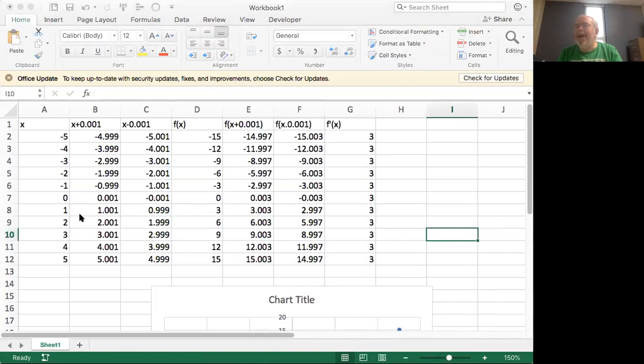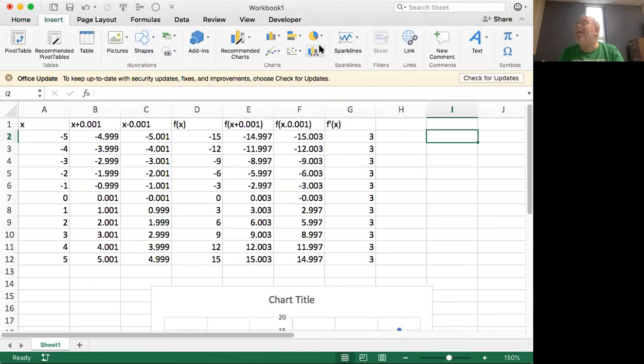I then said I'd like to do the same thing with f of x equals x squared plus 5x plus 7. And my comment was, so first of all, let's insert a text box.